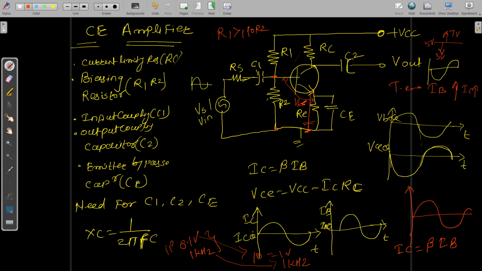So to avoid that, we connect one resistor from the emitter terminal to the ground, so that some voltage drop will be there across this terminal. Let me draw here.